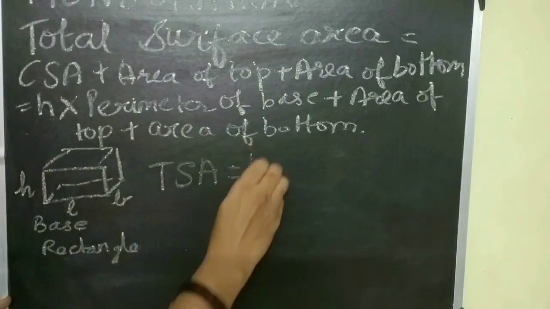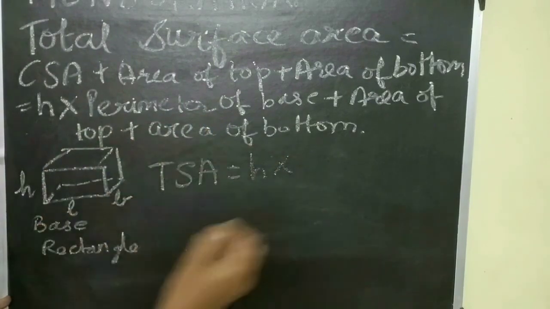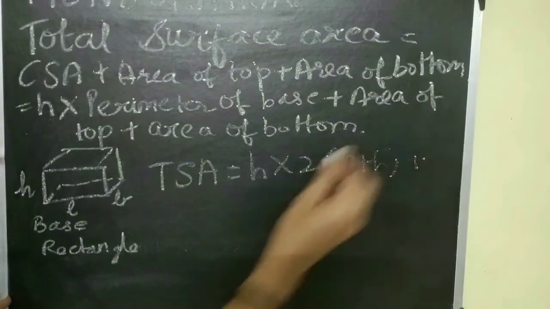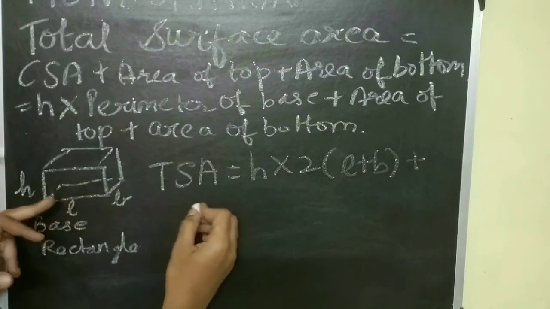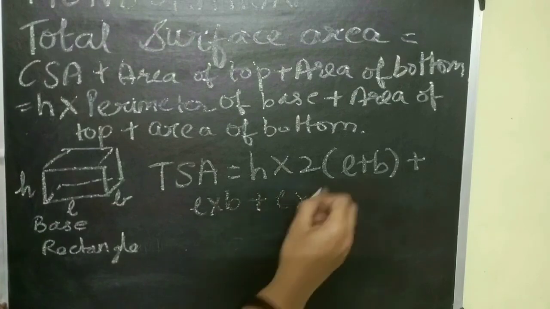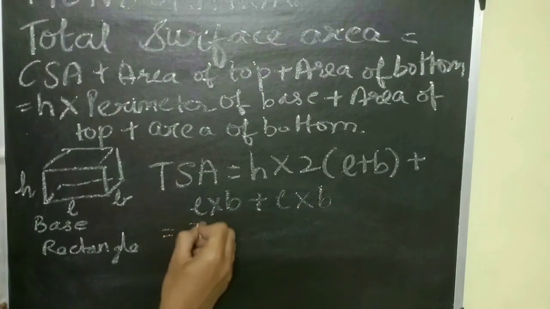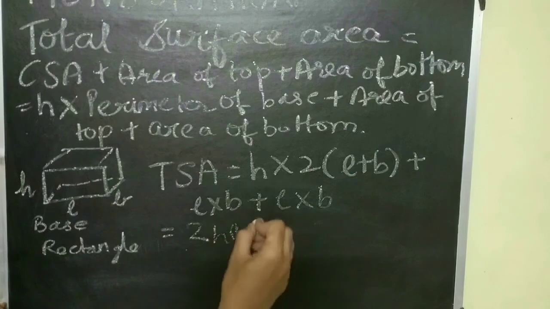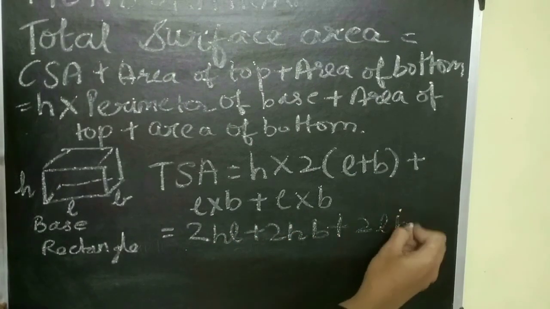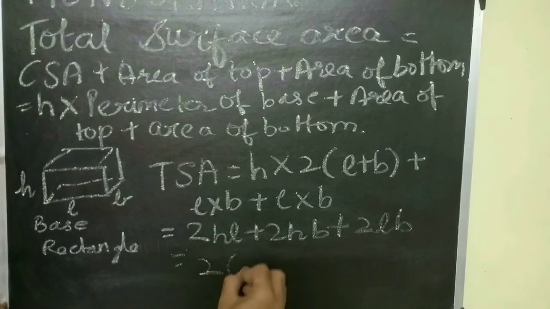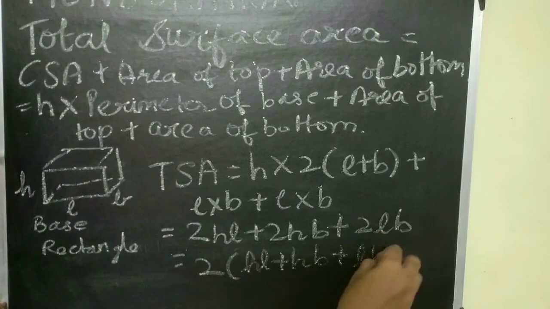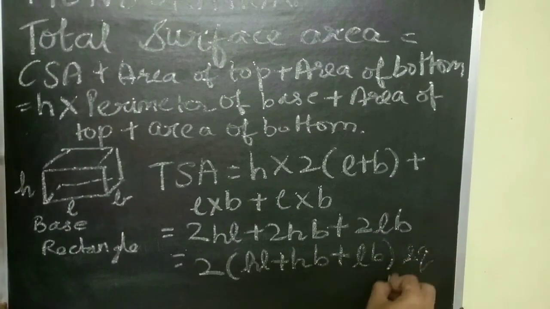So height h into the perimeter of a rectangle, 2 into (L plus B), plus the area of the top, which is a rectangle, so L into B, and again the bottom is also a rectangle, so L into B. When we do this, it will come to 2HL plus 2HB plus 2LB. Taking the 2 common outside, you get 2 times (HL plus HB plus LB) square units.